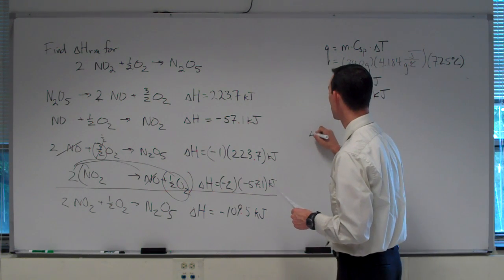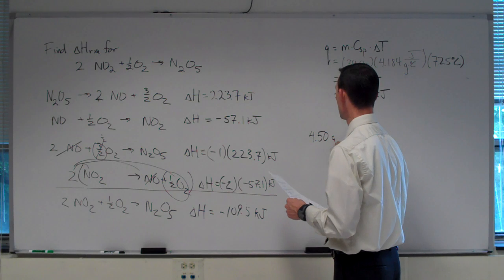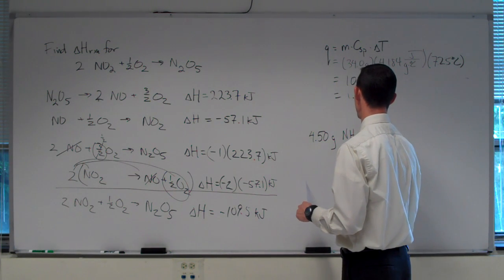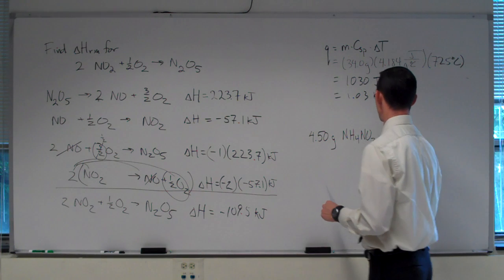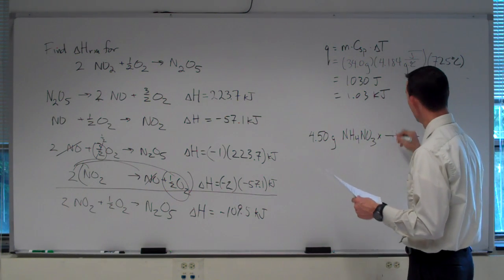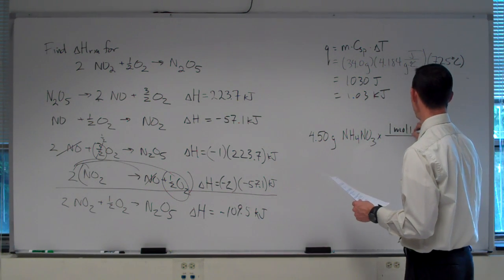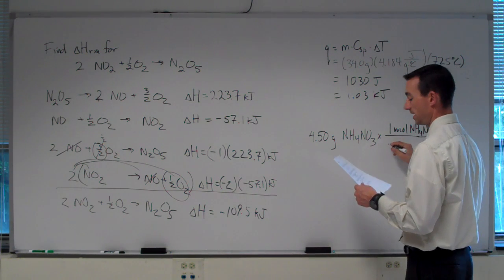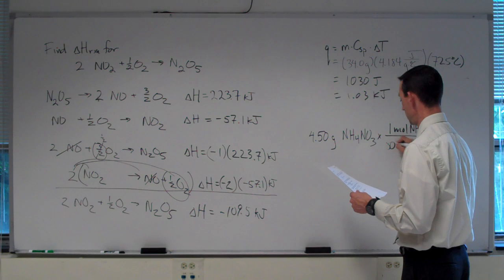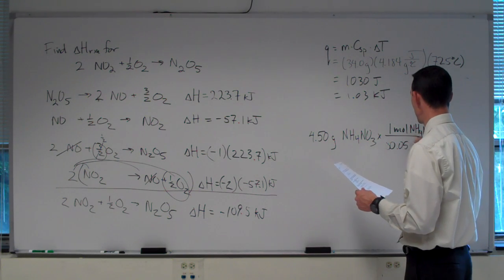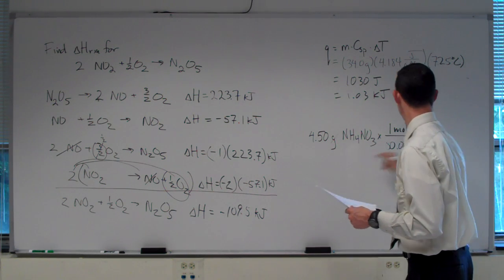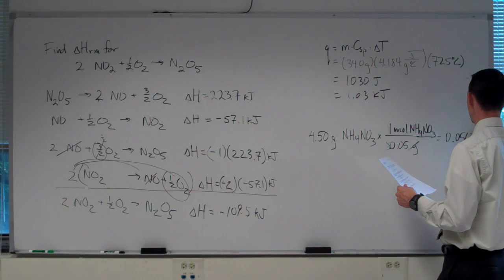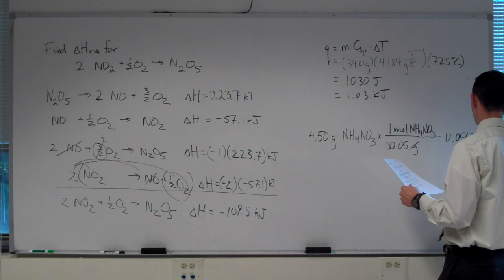We need to convert the 4.50 grams of ammonium nitrate, NH4NO3, to moles. The molar mass of NH4NO3 is 80.05 grams. So we have 0.0562 moles.